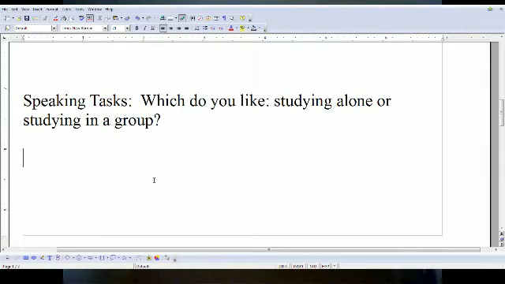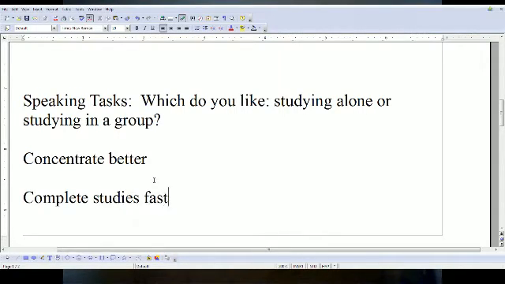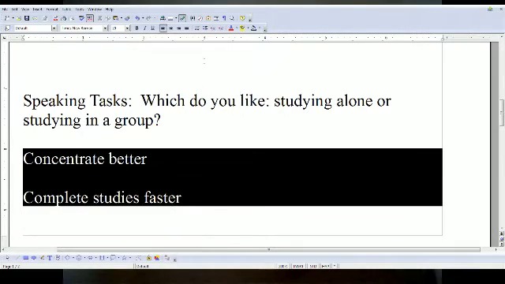So then, let's say that you like studying alone. Let's say you can concentrate better. And let's say you have one more point. You can complete studies faster. Let's say you have maybe 2 support points on this particular question, right?